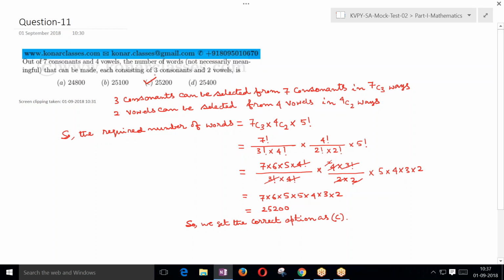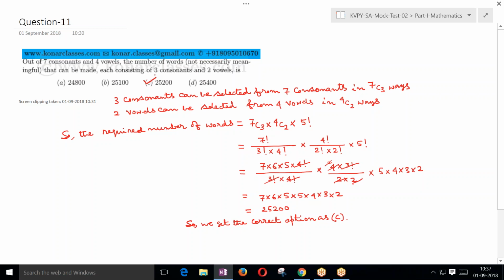Sir, could you repeat how did you get 5 factorial? Absolutely. See, 3 consonants can be selected from 7 consonants in how many ways? 7C3. And 2 vowels can be selected from 4 vowels in how many ways? 4C2. So together we can form 7C3 into 4C2 words possible, distinct.